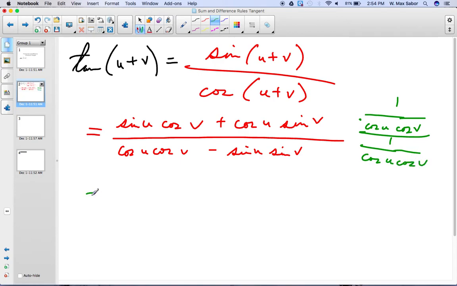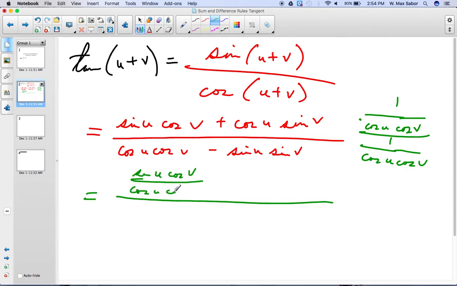So what will this look like? This is going to be a very large fraction. This is going to be divided into both of these. So I have sine u cosine v over cosine u cosine v plus cosine u sine v over cosine u cosine v.